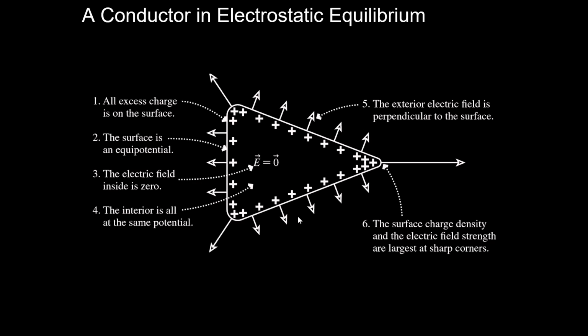And so if you took this rectangular table and put some charge on it, the majority of the charge would go to the corners. The remaining charge would pile up on the long edges of the table, and only very little of the excess charge would be on the flat surface of the table. That's because the surface charge density on a conductor depends on the curvature.